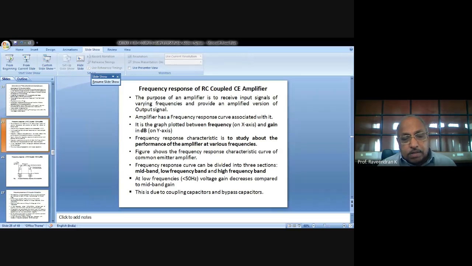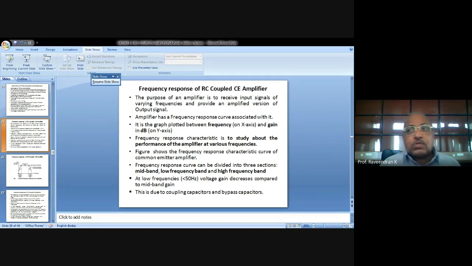That is why that particular device is called a transducer, because it handles sound signals and converts them into corresponding electrical signals. So it is called an input transducer. And what is the output transducer?